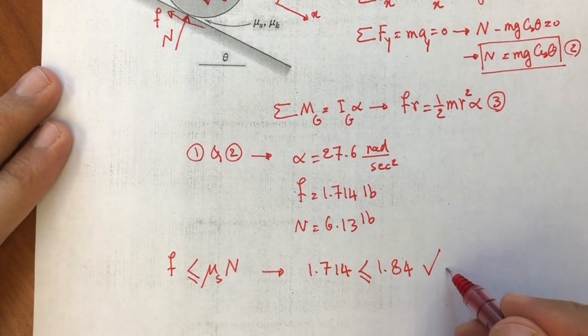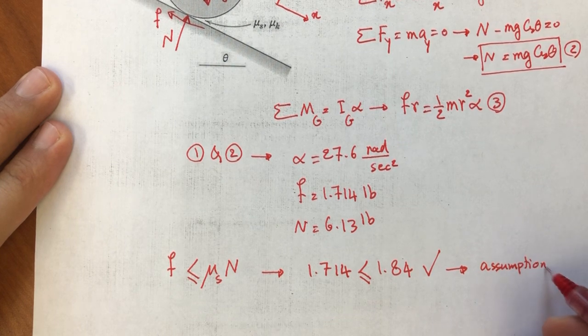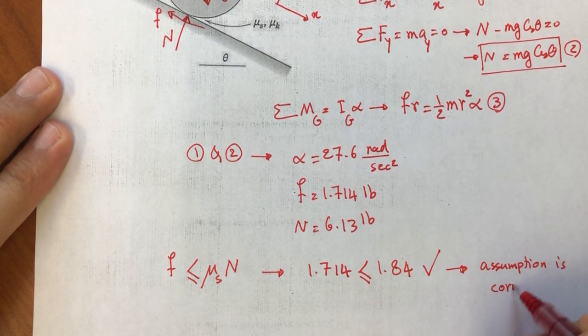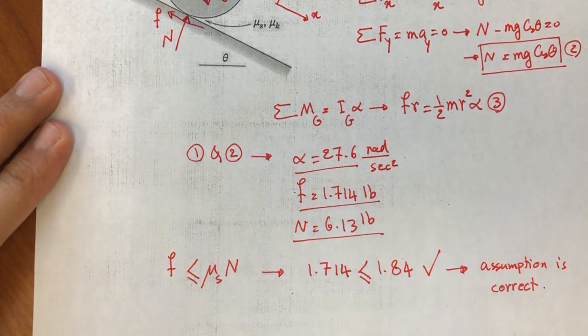So our assumption is correct. Whatever we found is going to be correct. The normal force, friction force, and alpha, all of them are correct.